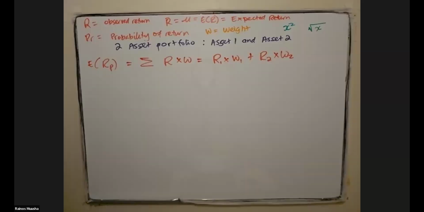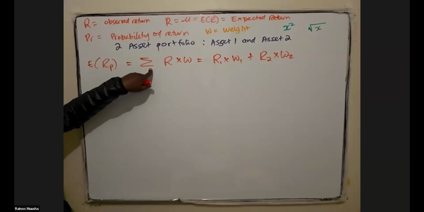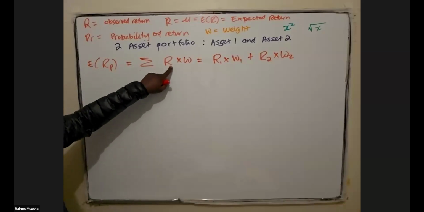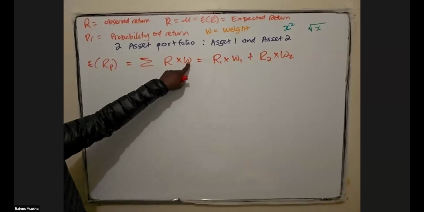Thank you. So now that we're dealing with the two-asset portfolio, we need to calculate the expected return of the portfolio. The expected return of any portfolio is given as the return of the different observed assets multiplied by the weight of the assets as well.